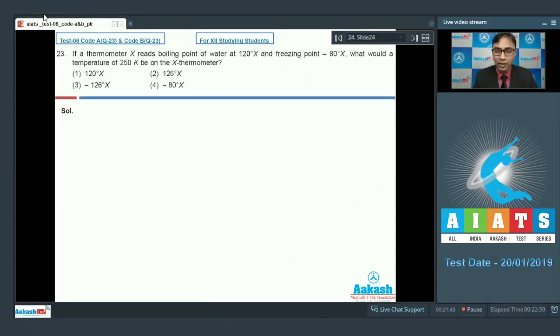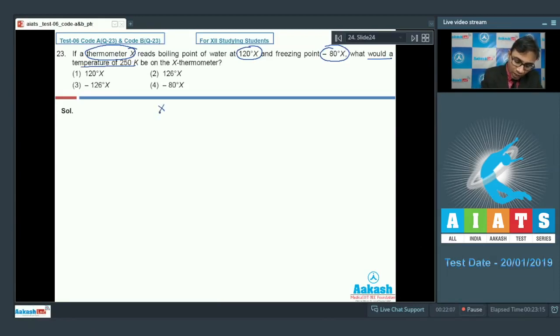In question number 23, it says that if a thermometer X reads boiling point of water at 120 degree X and freezing point minus 80 degree X, what would a temperature of 250 Kelvin be on the X thermometer? And we know that every thermometer follows the rule of ratio.